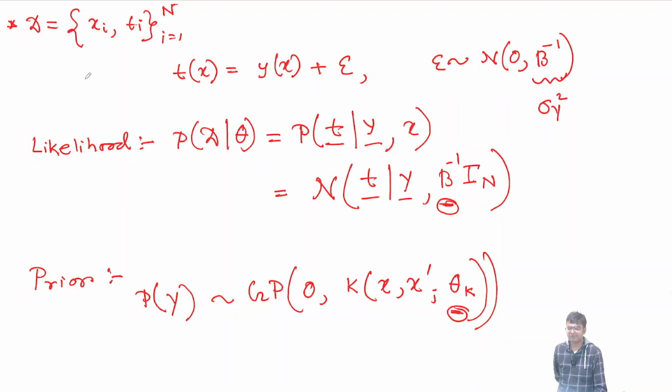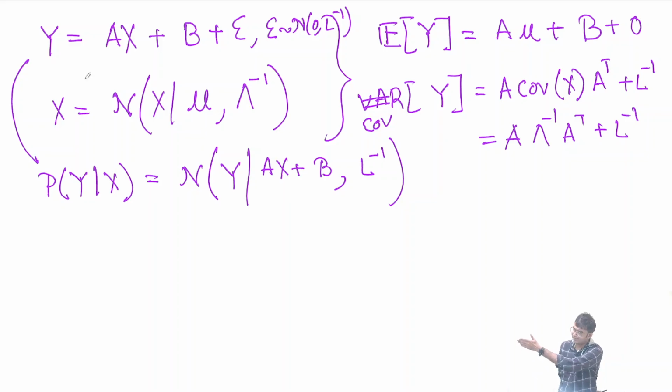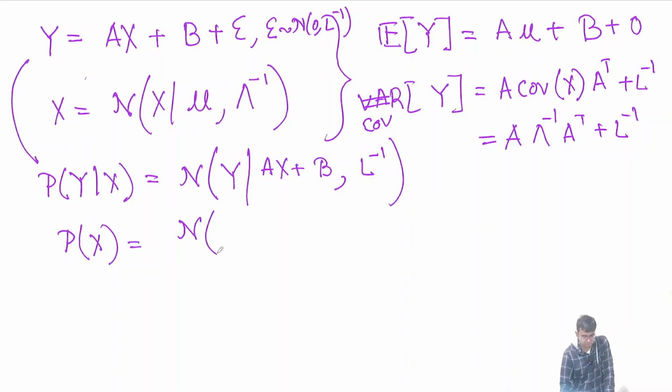The probability of t given y was Gaussian. There is no reason that this will not be Gaussian. And what is probability of x? This too I have already written: x given mu comma lambda inverse.